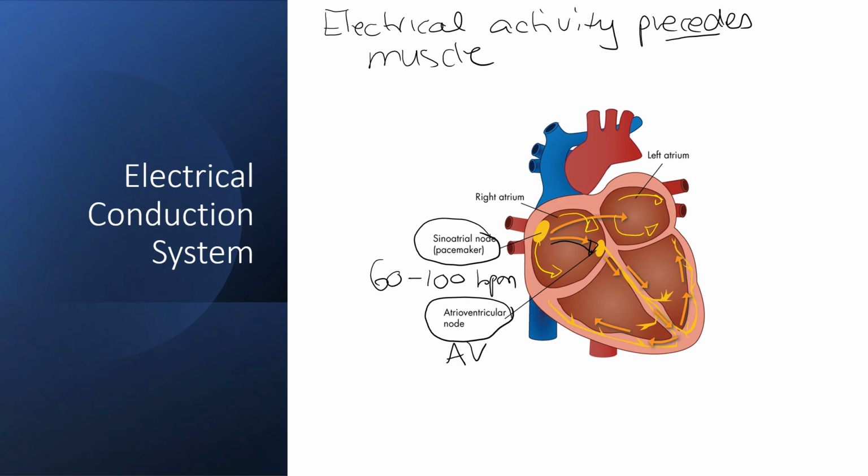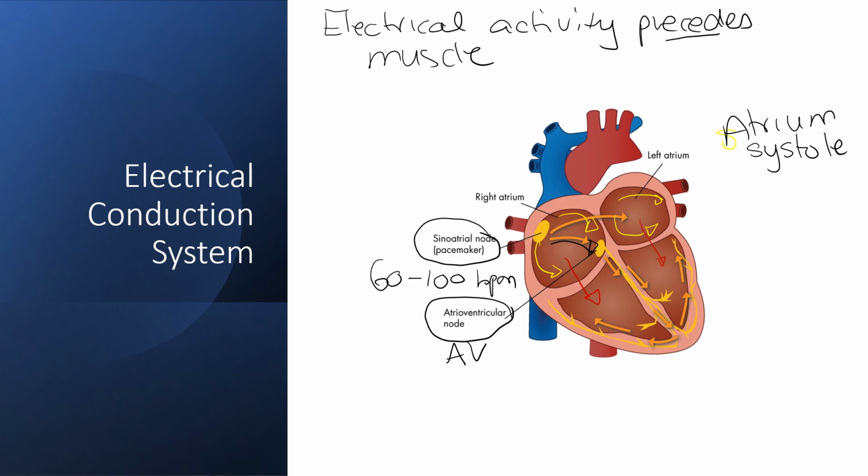Once that current spreads across both atriums, the atriums will then contract. So electrical activity first, then the atriums will go into systole. Once they go into systole, they're going to squeeze and eject their blood. At the same time, the right atrium will eject its blood into the right ventricle. The left atrium will eject into the left ventricle.